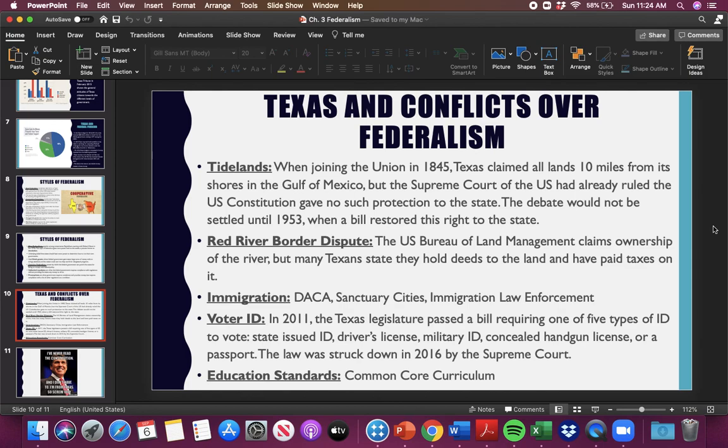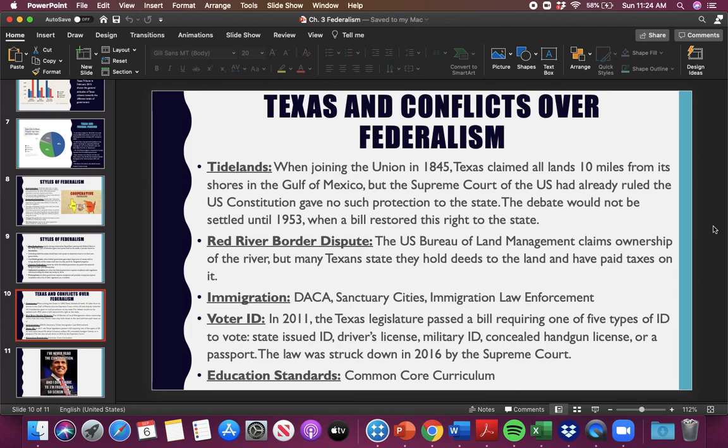The state of Texas has said that any city that declares itself a sanctuary city will lose funding from the state. So this is an ongoing dispute between the state and the cities.